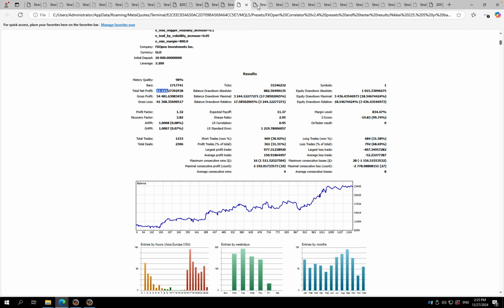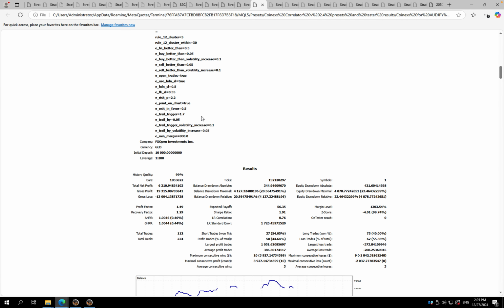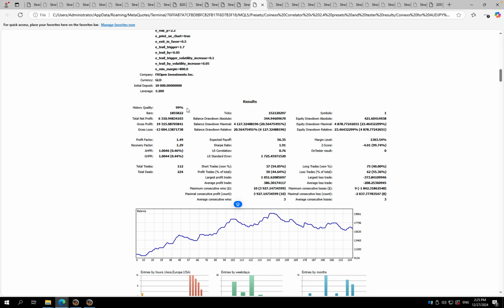Let's move on to the next pair, the Aussie dollar yen, from this period to this period. And we can review the vital statistics. 99% history quality, net profit of 6,310, starting with a 10,000 deposit.